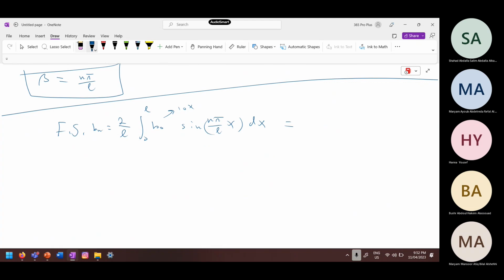Now, this is your Fourier series. Use now 10x. I don't want to rewrite it. I'm just lazy, but you do that because you should not be lazy during the exam. Okay, so to solve this, you can take 10 out since it's a constant if you want to, or keep it. I like to take it out. 0 to L sine n pi over Lx dx.